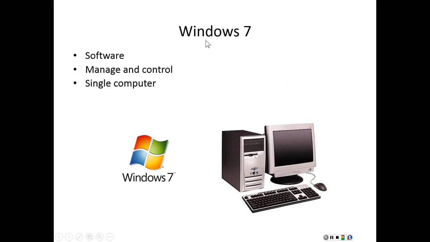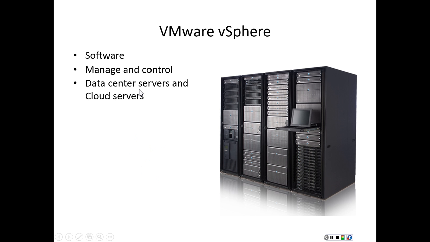In a way, vSphere is like Windows 7. Windows 7 is not a computer. Windows 7 is a piece of software. It's an operating system that allows us to manage and control a single computer. Similarly, VMware vSphere is a piece of software. It's an operating system that allows us to manage and control large data center servers and cloud servers.